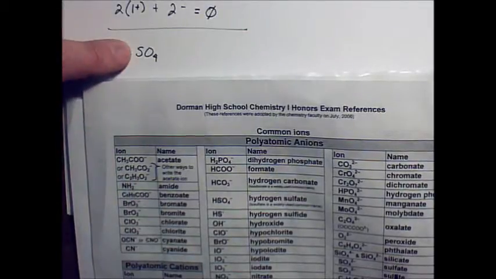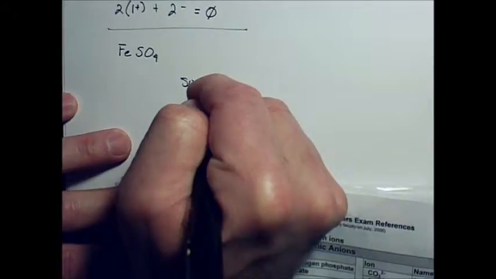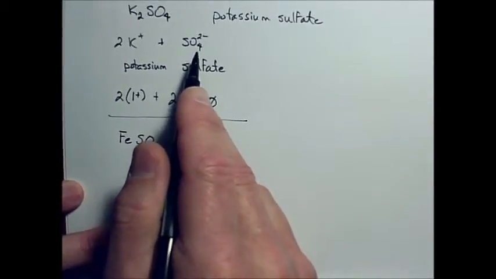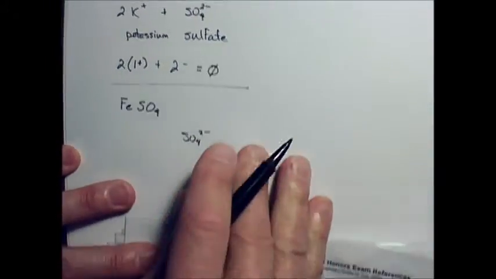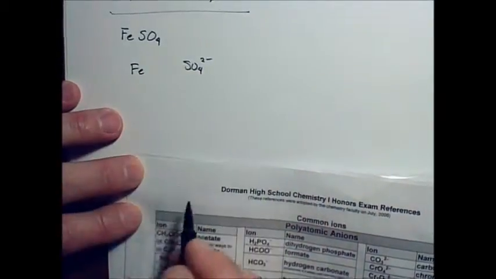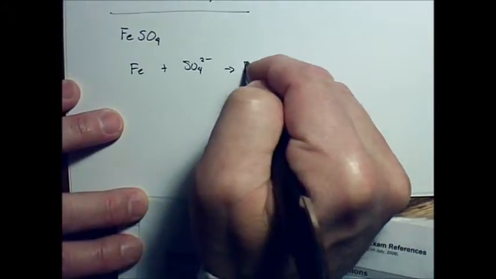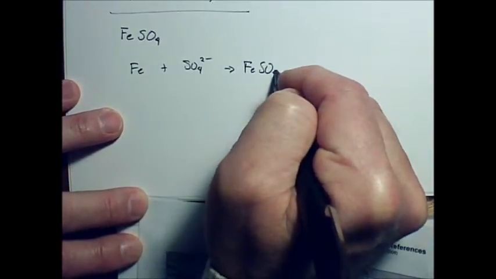That's still sulfate there, SO4. SO4, just like we did in the previous problem, has a 2 negative charge. Okay? And we have iron here as well. We're going to put those together to make this formula here, FeSO4. Okay?